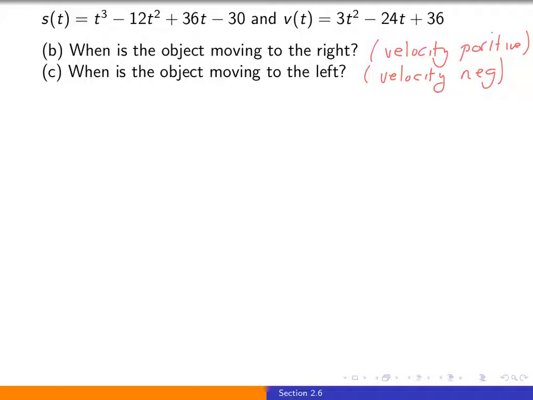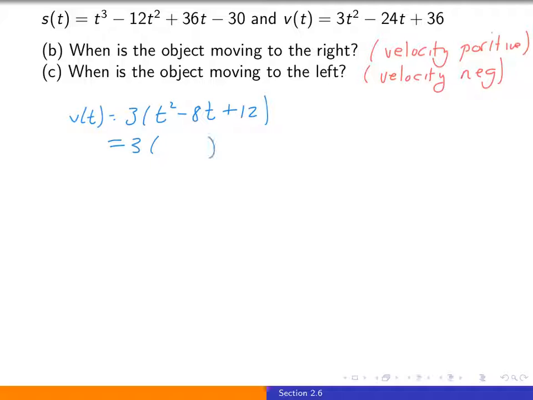So we have the velocity function represented above. And what I want to note about that velocity function is each of the 3 terms contains a 3. And if I pull the 3 out, we're left with t squared minus 8t plus 12. And this velocity function factors nicely.